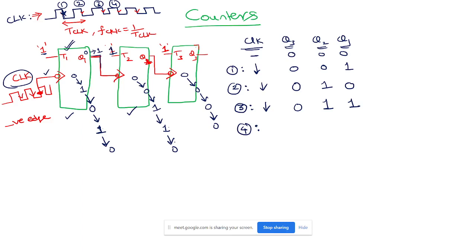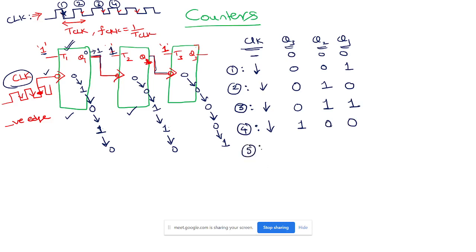Again 1 to 0 is the clock that you are applying here, so it will be activated and the output will toggle. So Q3 is 1, Q2 is 0, Q1 is 0.